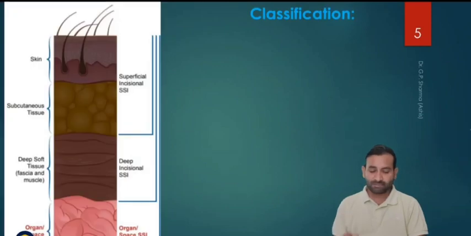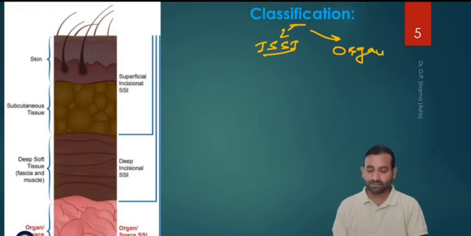And here we have the classification of the surgical site infection. So let's see the classification. We classify the surgical site infection in 2 ways: incisional surgical site infection or organ space surgical site infection. Is that okay? Or organ space infections, right?